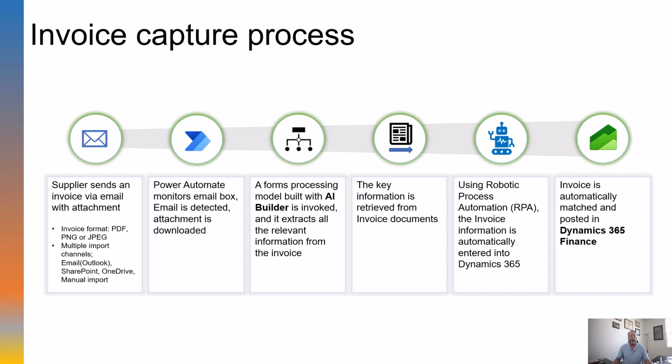And then using RPA and Power Automate, it's going to match that information up with the fields necessary inside of D365 and bring it into D365, where the automation could continue to move forward into a matching process, an approval process, and eventually a posting process.